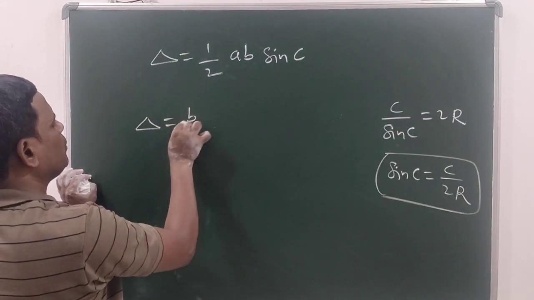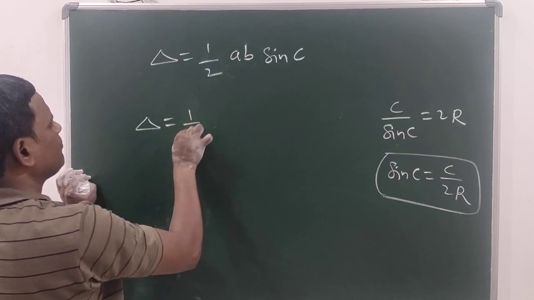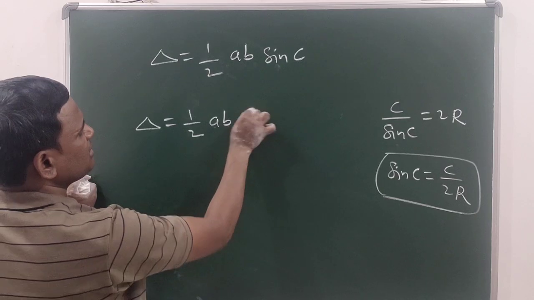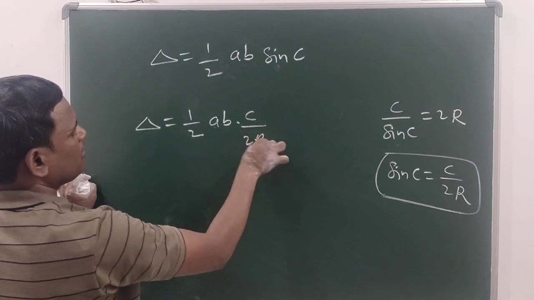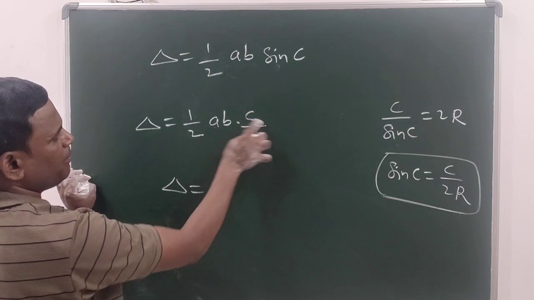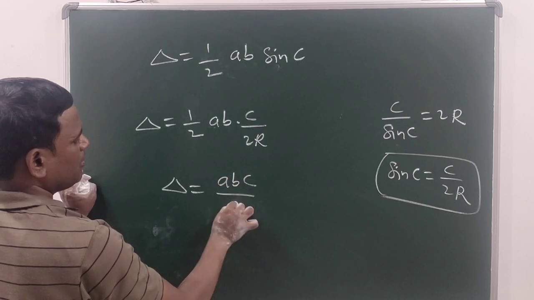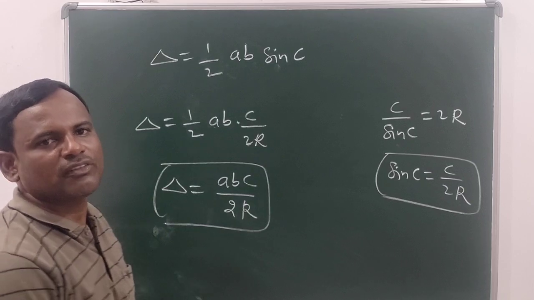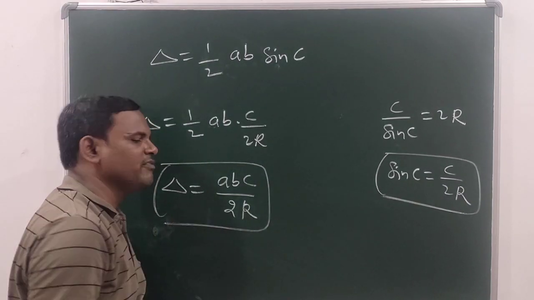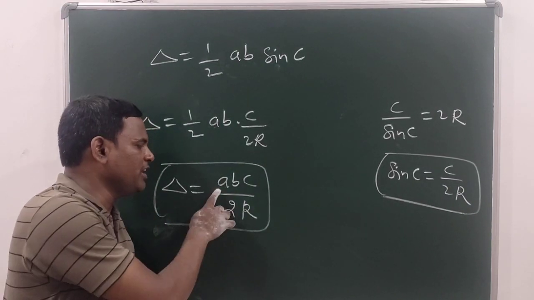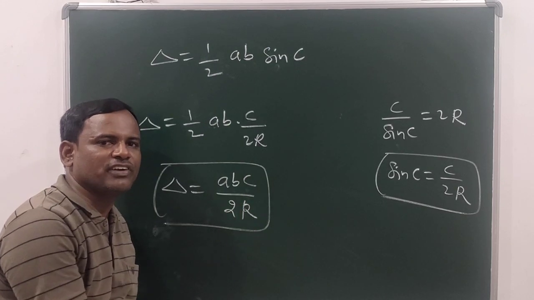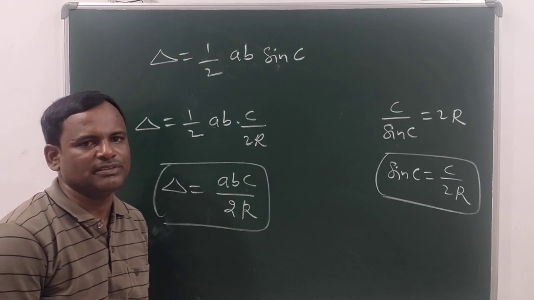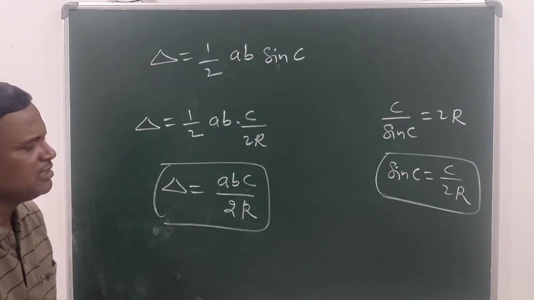Delta is equal to 1 by 2 ab into sine C. Sine C can be written as c by 2r. So delta is equal to abc by 2r. This is also one of the formulas to find the area of the triangle: abc by 2r, where a, b, c represent the lengths of the sides of the triangle, and r represents the circumradius of triangle ABC. Okay, students? Right.